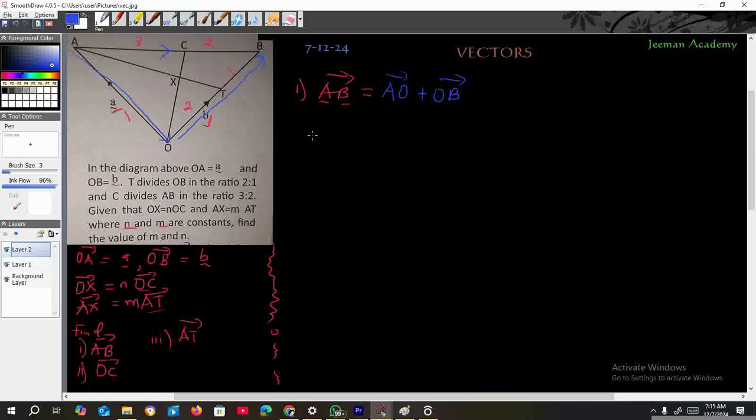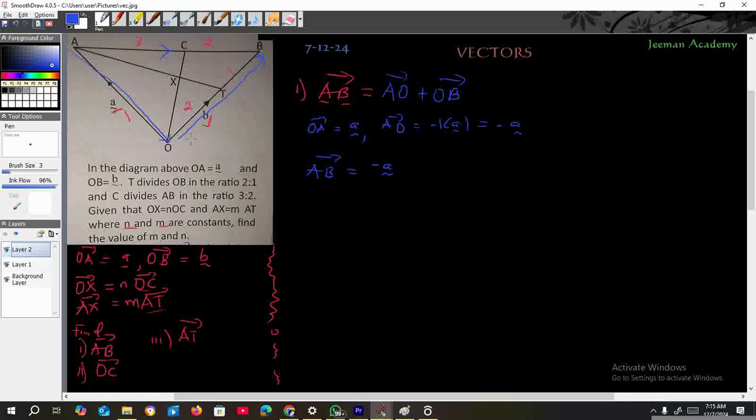Remember, we said that when you multiply a vector by -1, the direction reverses. So because OA is A, then that means AO is the same as -1 times A, which is -A. So in this case, we're going to have AB be the same as -A, the negative of A, because the direction is reversed.